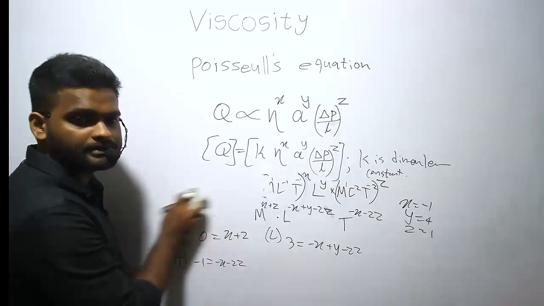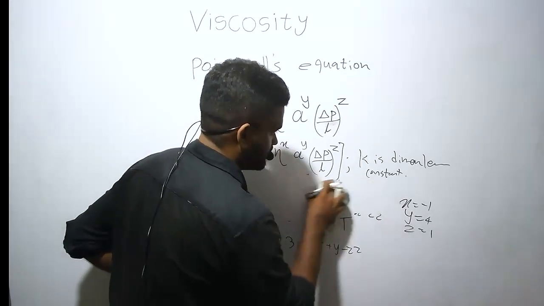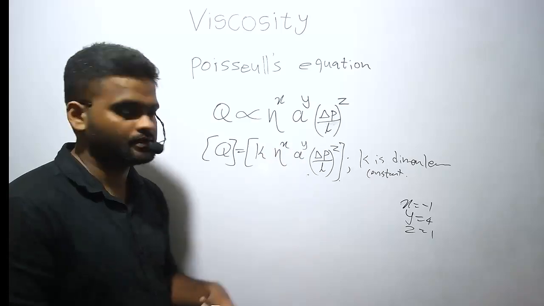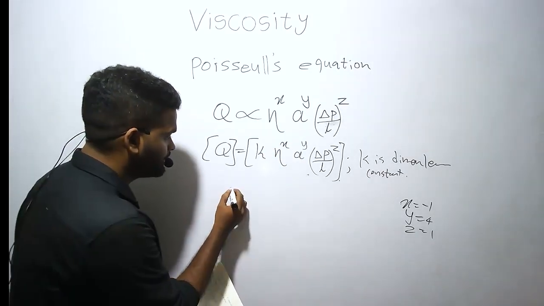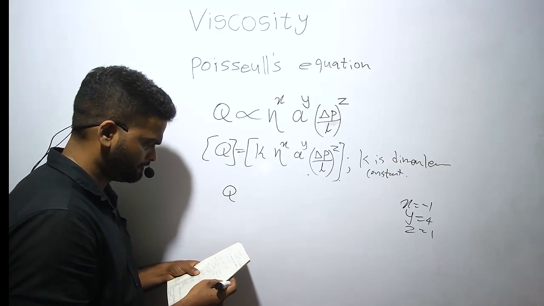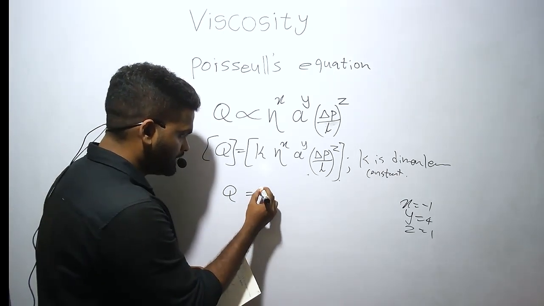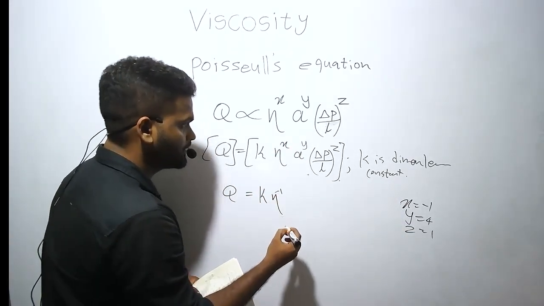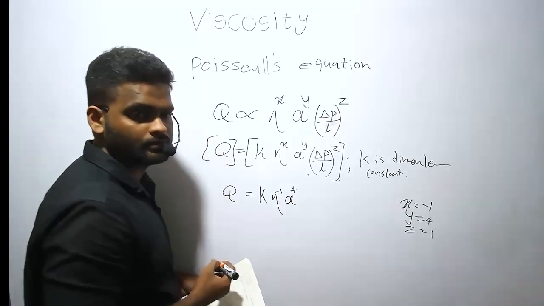Now you know the powers of each term. What can you do now? Now you just have to substitute. So what do you get? Q equals K, eta to the power minus 1, a to the power 4.